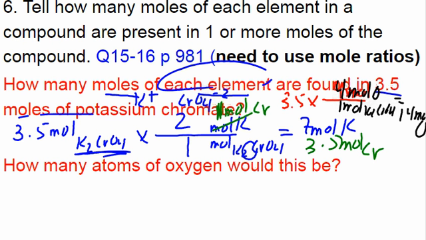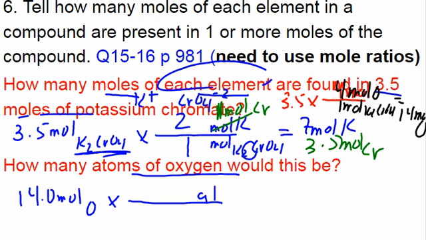So that's what you do when you're asked to go from moles to moles. You set up a molar ratio using the formula of the compound you're interested in. And then just an extension question here, how many atoms of oxygen would this be? Well, I've got 14 moles of oxygen. So I can change that to atoms, easy peasy. Atoms on top, moles on the bottom.